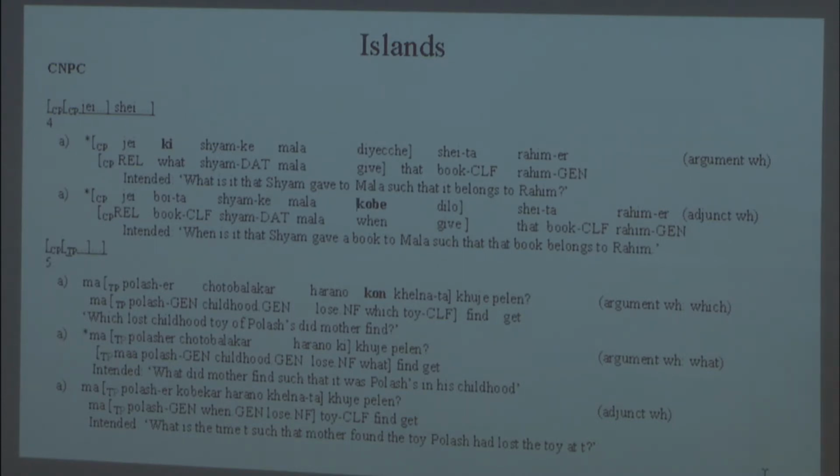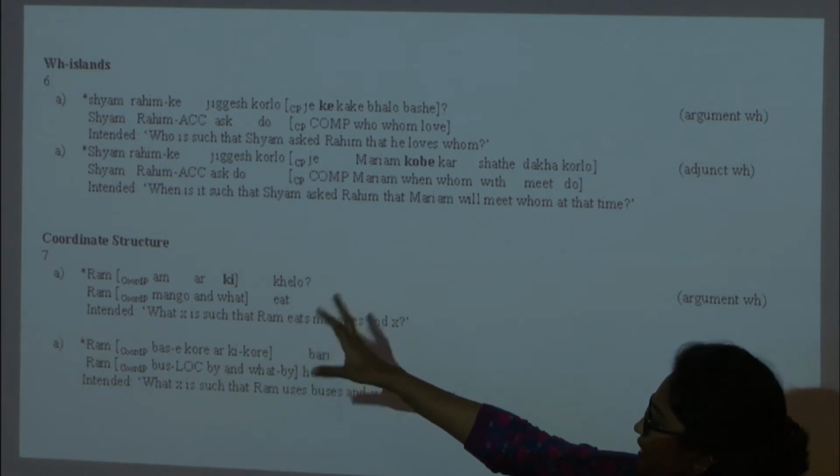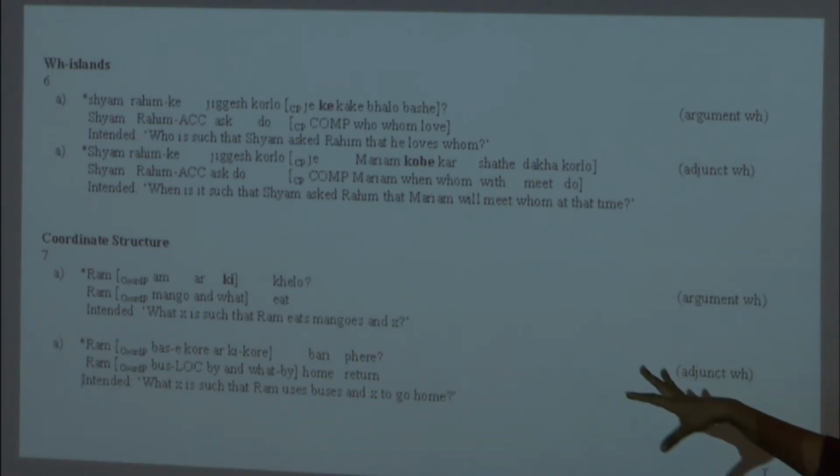Yeah, next. Okay, WH islands are just generally strong. I mean, we can't move out of them. We can't get covert scope anyway. And coordinate structure also. In the coordinate structure case, in the previous presentation, when we looked through the judgment, we seemed to feel that when you question the second coordinate, it's okay, not so bad.